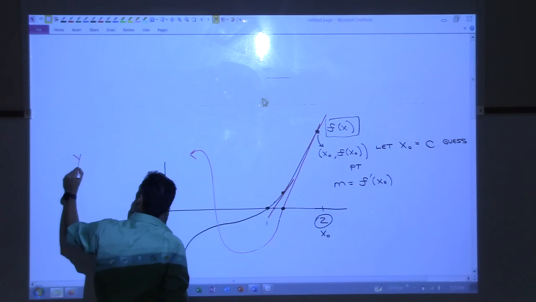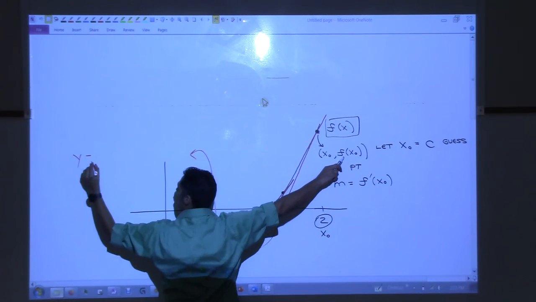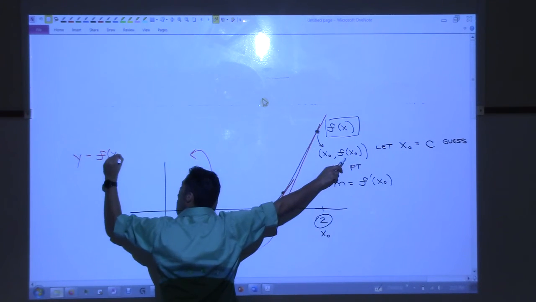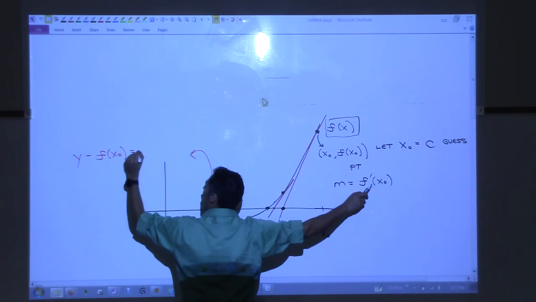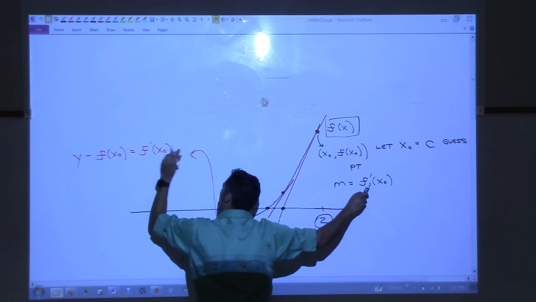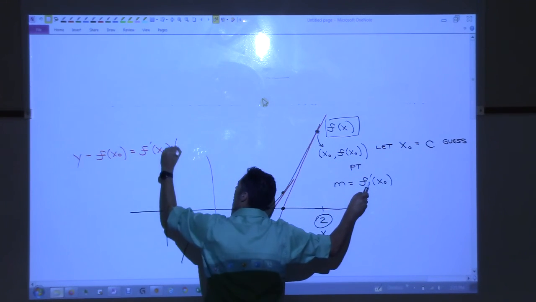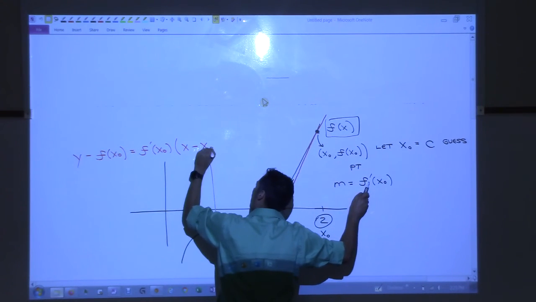y minus y1, what's y1? This coordinate, right? This one. So f of x naught equals the slope, f prime of x naught, times, in parentheses, x minus x naught.